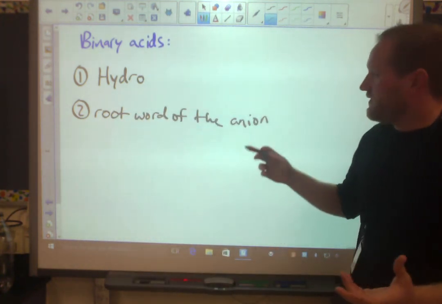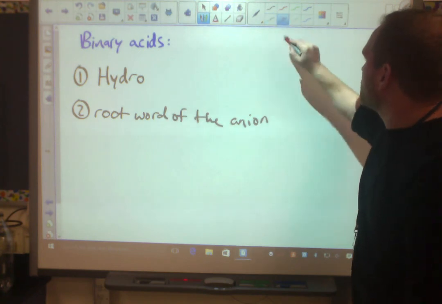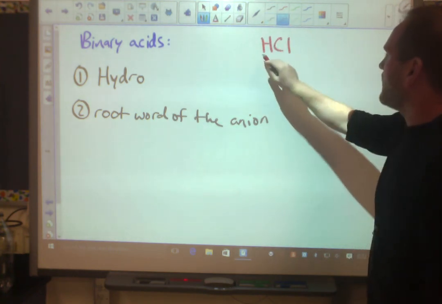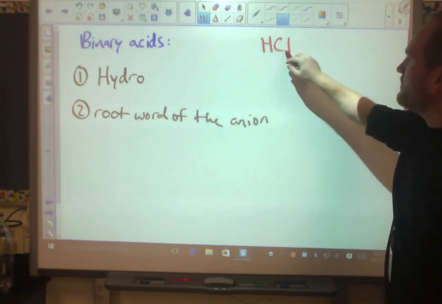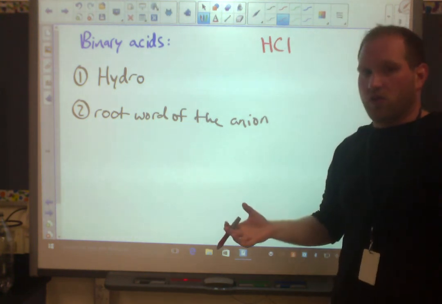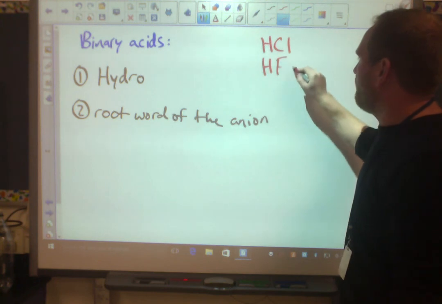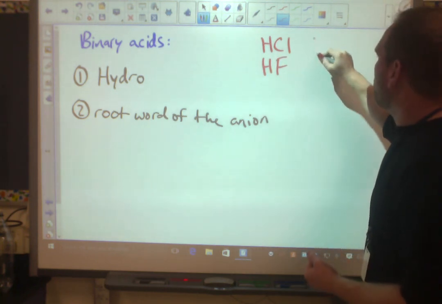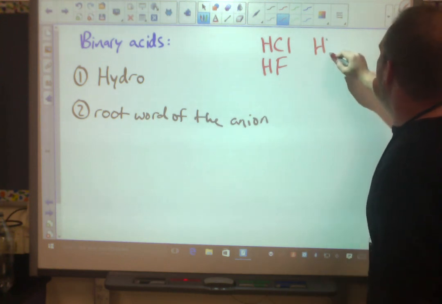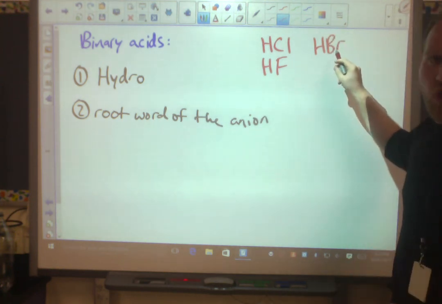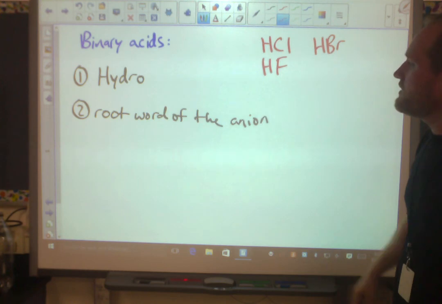For example, if the anion is chlorine, so we have HCl, 1 H, 1 Cl, this is binary. That's chlorine, the root word of that is chlor. Or HF, fluor. Or HBr, brom. Okay?